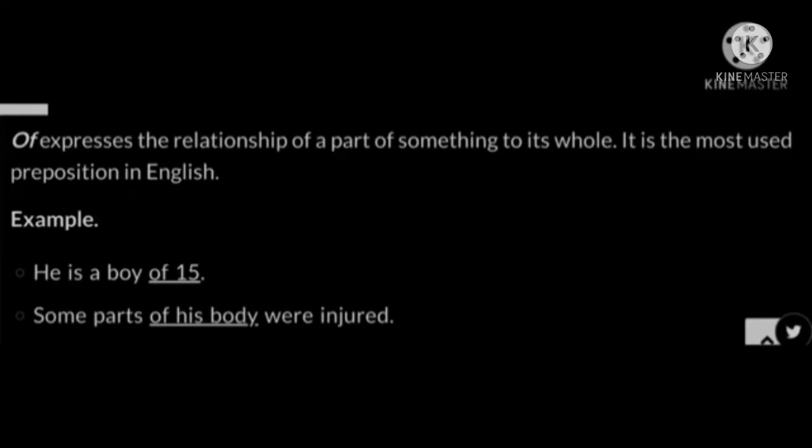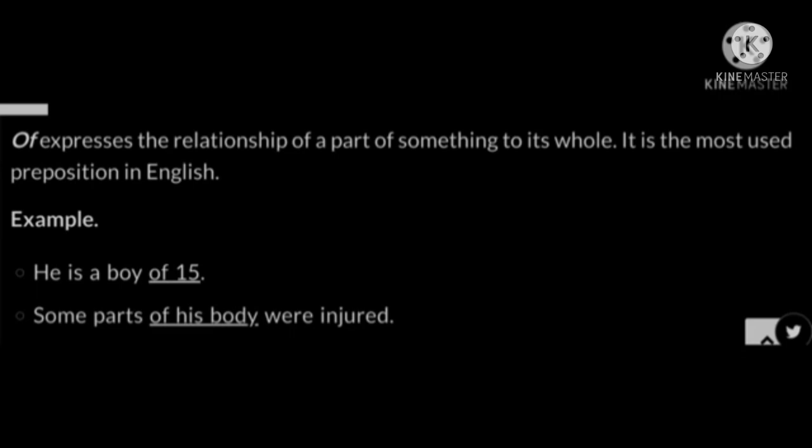The first preposition that we have here is of. A very common preposition that we all use, of. Of shows us the relationship of part of something to its whole. It is basically explaining a relationship of some object with the other parts of that sentence.